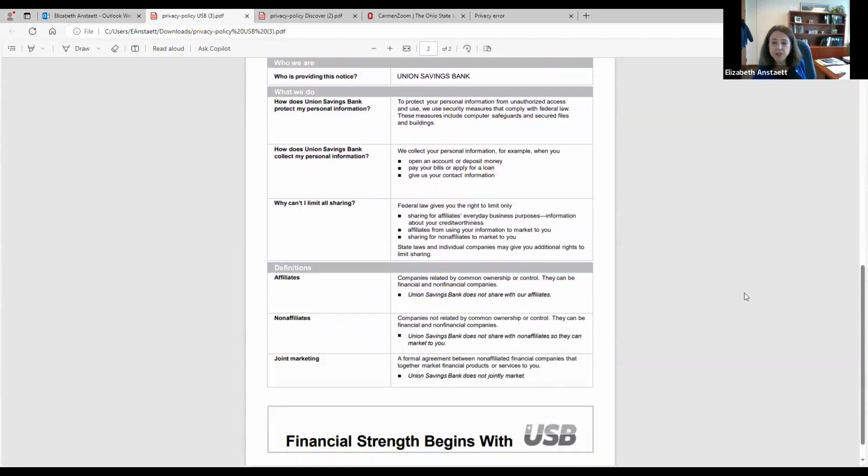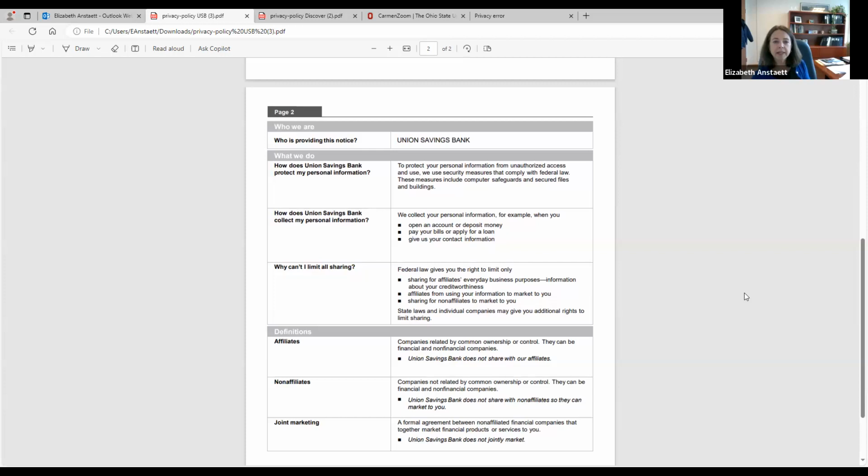Now there's a second page, and it has to be 2 pages, just like this. Again, who's providing it? What do they do to protect it? Again, this is a clause that comes right out of the model notices. They'll all be the same. How do they collect it? And there's some examples. Again, there's a laundry list in the regulation, and they're to pick 5 here. Why can't I limit?